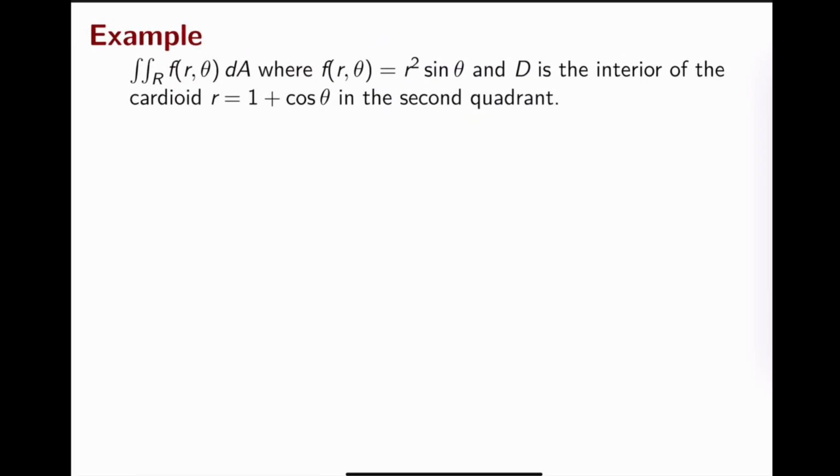For example, let's calculate the integral of this function where D is the interior of the cardioid. So let's do a graph of this one. If we have this cardioid 1 plus cosine of theta, we're going to consider just the part in the second quadrant, so that will be only this part here.